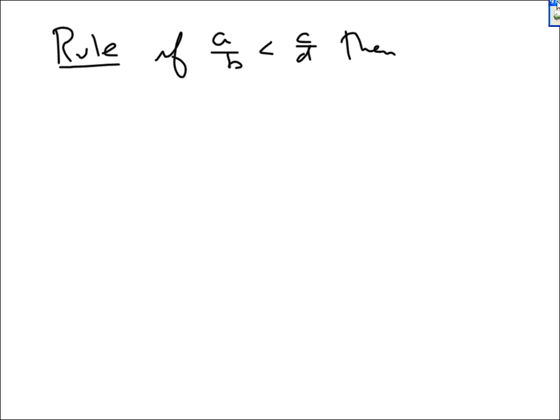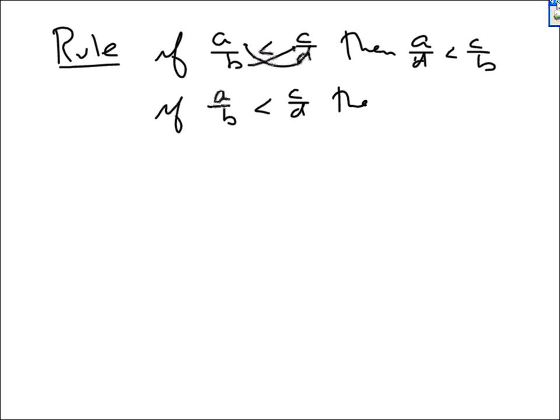You should know that. Okay, now I'll give you a rule that will probably make you happy. If A over B is less than C over D, then AD should be less than BC. If A over B is greater than C over D, then I meant to say greater than, I'll change that.